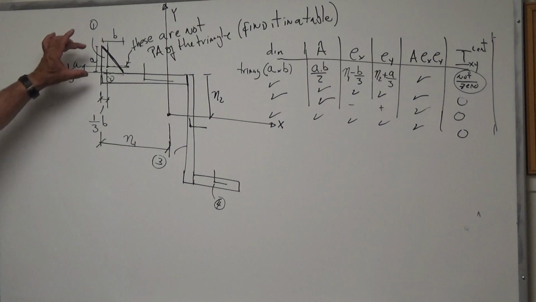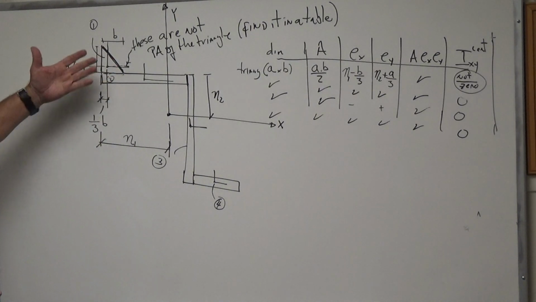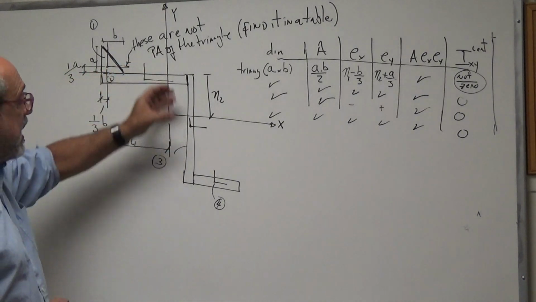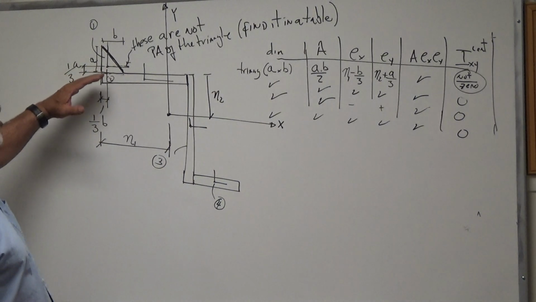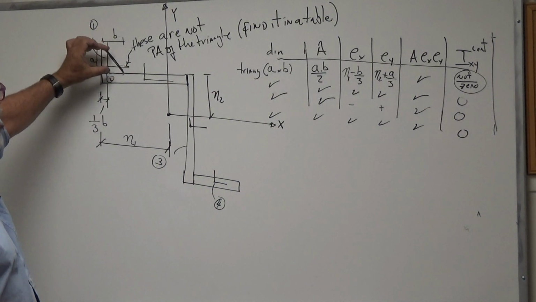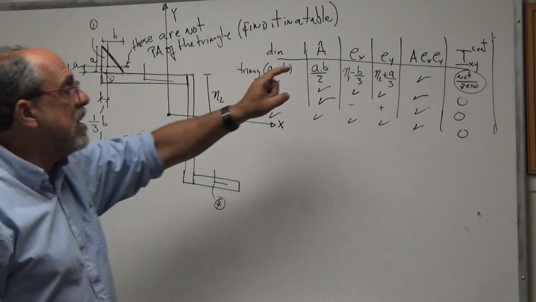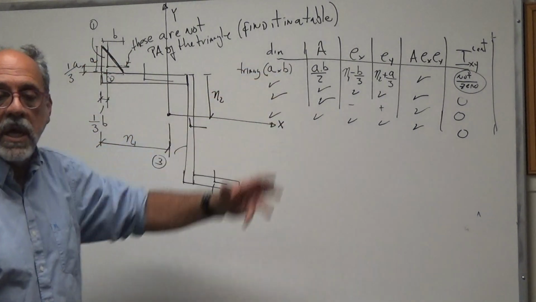So as you can see, this is an example illustrating what happens when you're calculating the IXY of a cross section which, after you divide it into pieces, may have some pieces whose local axes are not principal axes, therefore their local IXYs are not 0, and you must obtain them from some table.